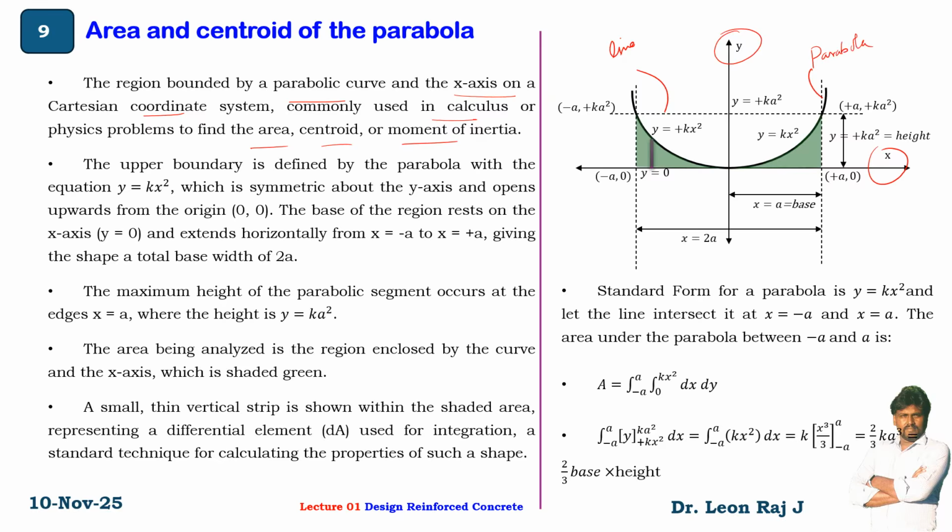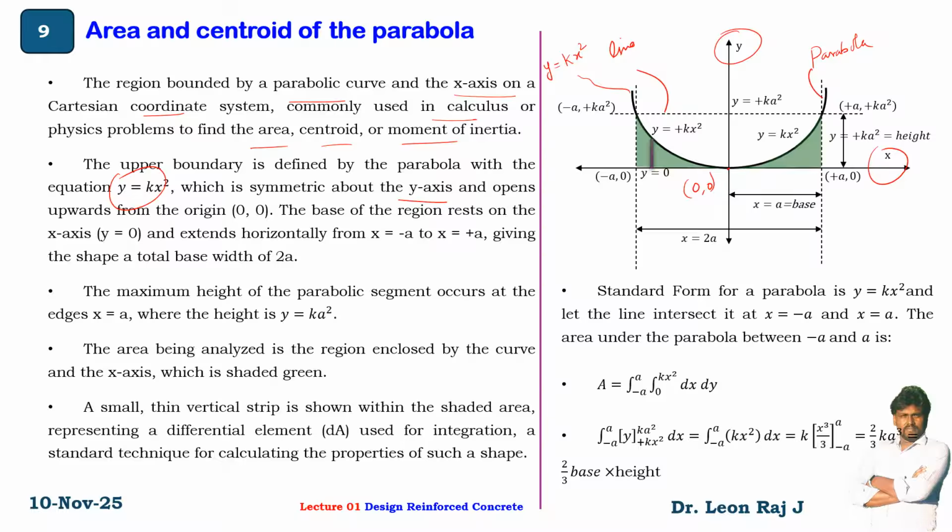The description of this parabola: y equal to kx square. The parabolic equation, y equal to kx square, is symmetric about the y-axis, so you can see the symmetry about the y-axis, and it opens upwards from the origin. So this is the origin, 0 comma 0.